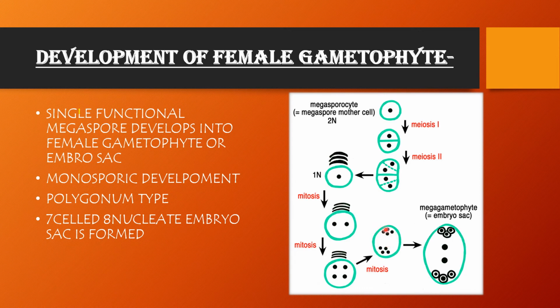So 3 will gather at one pole and 3 will gather at the other pole, and only 2 nuclei lie at the center.